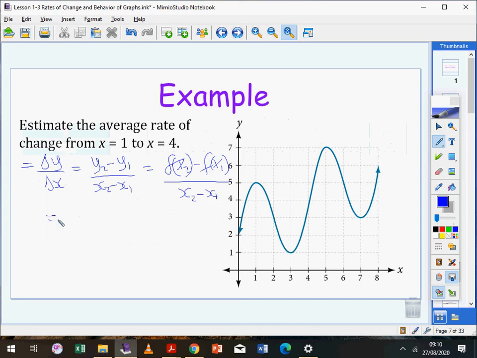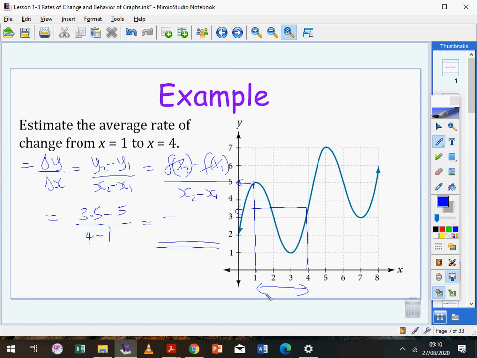The second input value being 4, the value of this function is, I think, 3.5, and for the first input value being 1, the value of the function is 5, divided by 4 minus 1. This gives me also a negative answer, which again tells me that over this interval between 1 and 4, the function is decreasing, or the graph is decreasing, or the output values are decreasing.